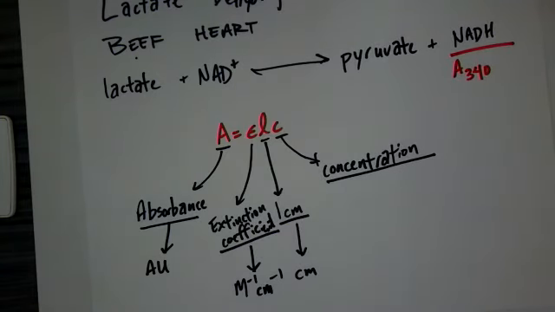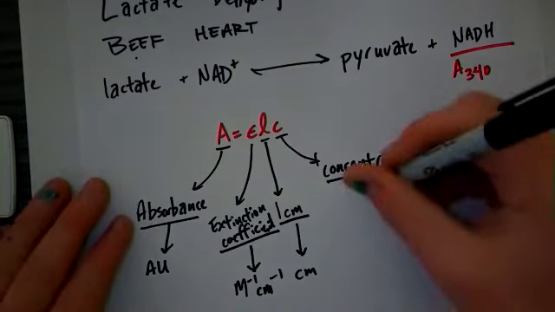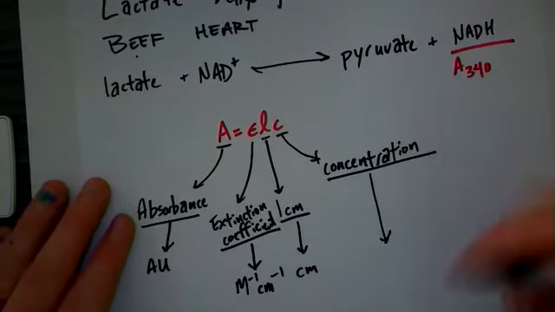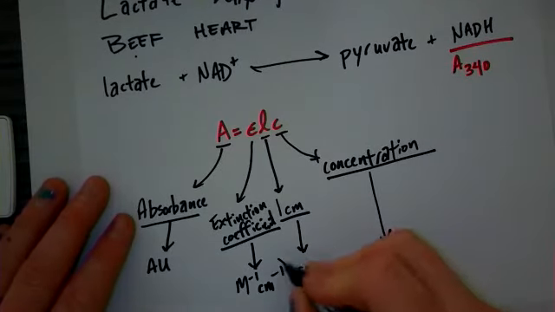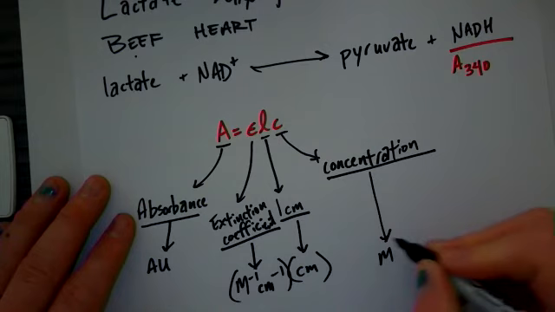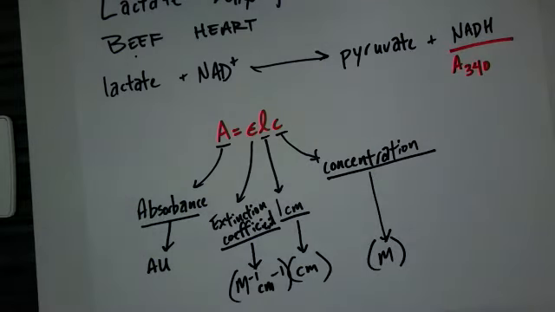Well, if extinction coefficient is inverse molarity, inverse centimeters, path length is centimeters, what's concentration? Molarity, exactly. So effectively, this gives us a means to relate our absorbance to the concentration of one molecule.